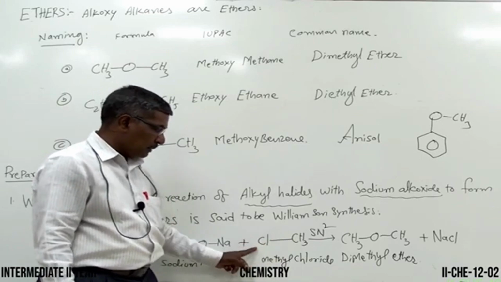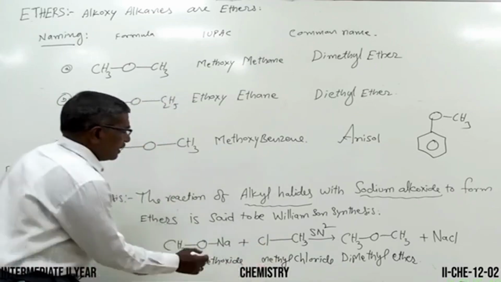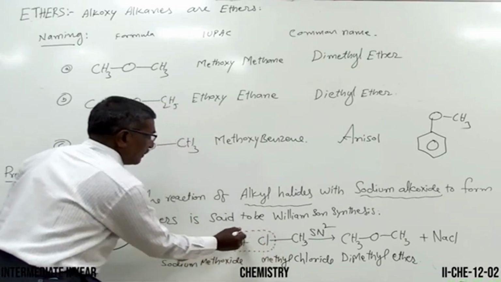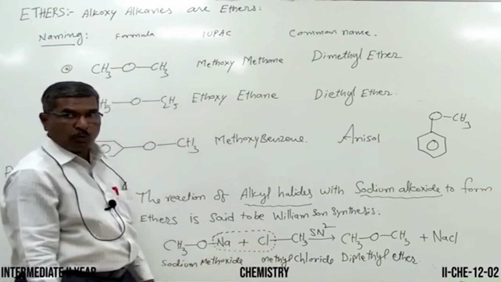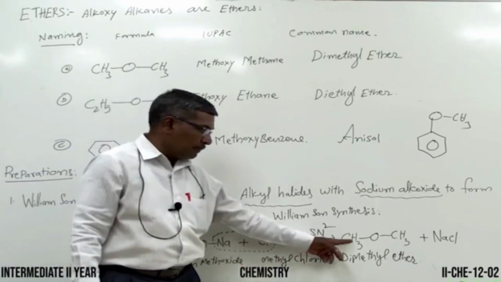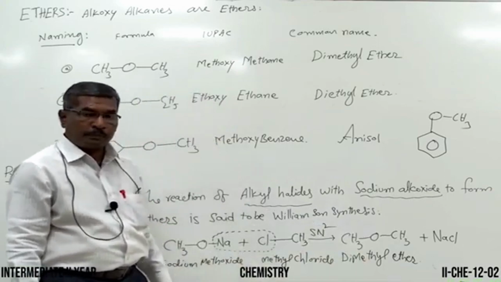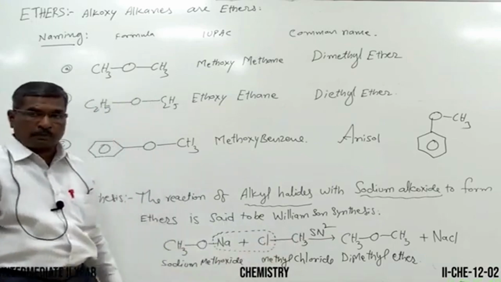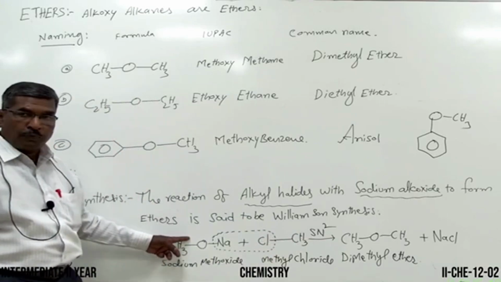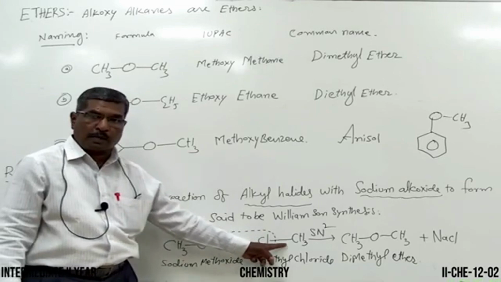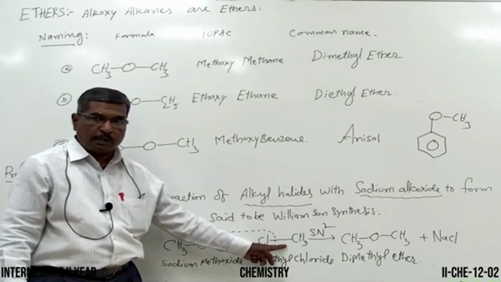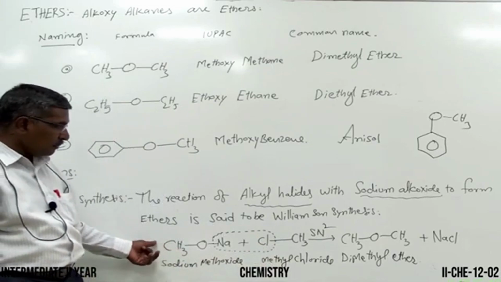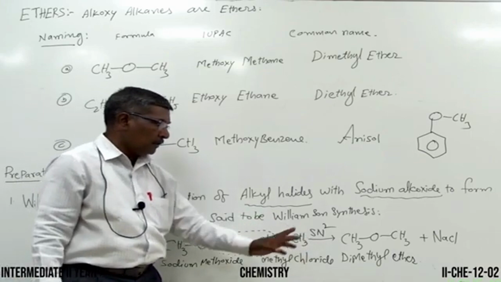Chlorine is eliminated as sodium chloride, and methoxymethane forms. It is a kind of SN2 reaction. This is a nucleophile, and methyl chloride is a primary alkyl halide. Primary alkyl halide reactions are SN2 reactions.